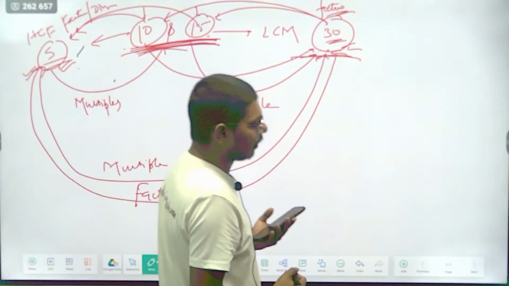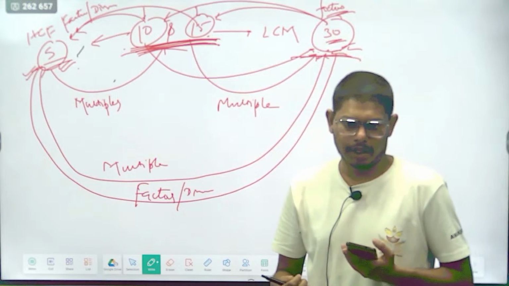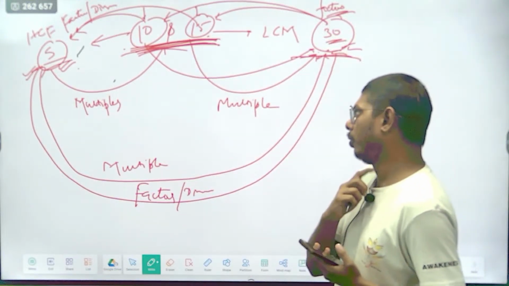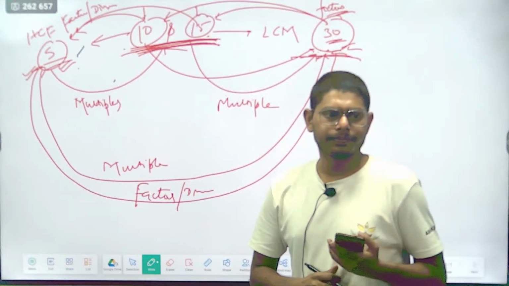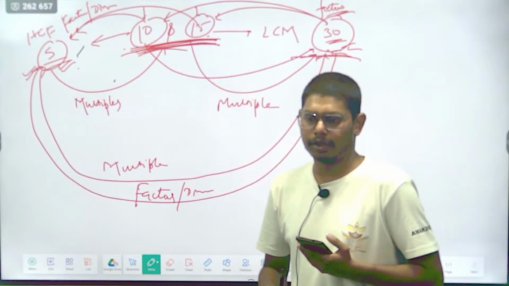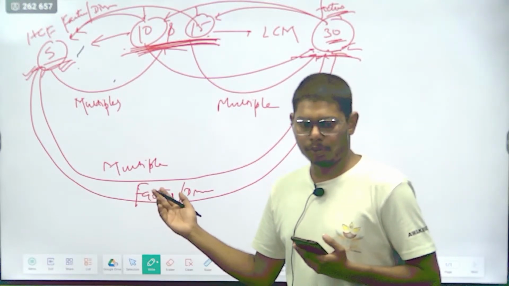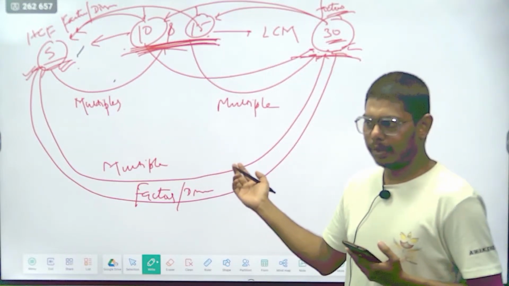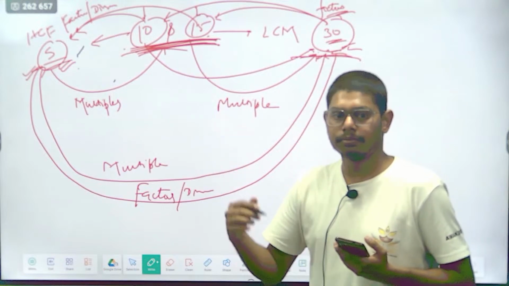These things will come in very handy when the problems are very vague; you will be able to eliminate answers very easily if you know this. There have been PYQs, specifically CDS maths PYQs, where they gave the multiples of two numbers, the LCM and the HCF, and asked which of these could be the LCM.